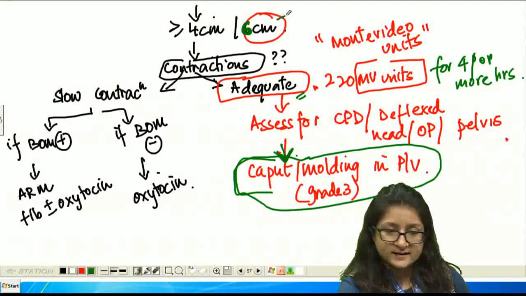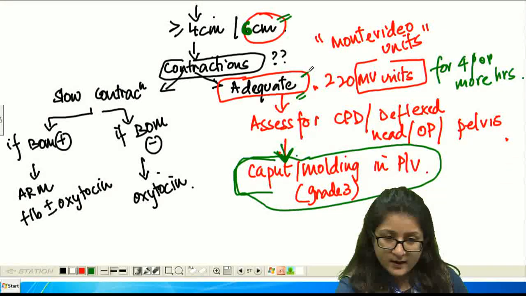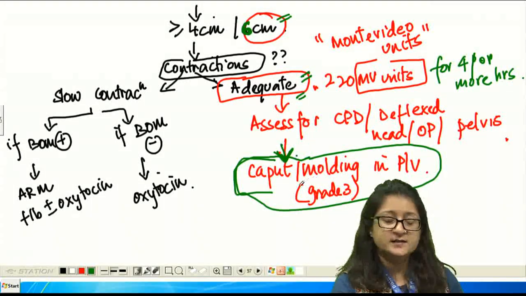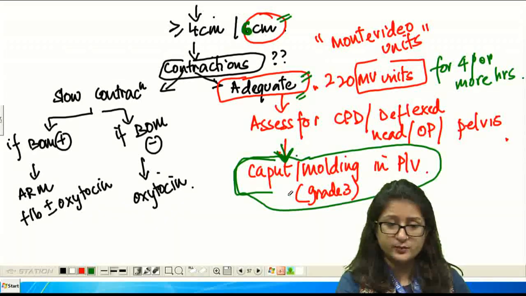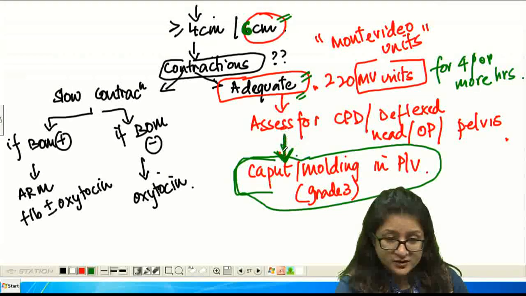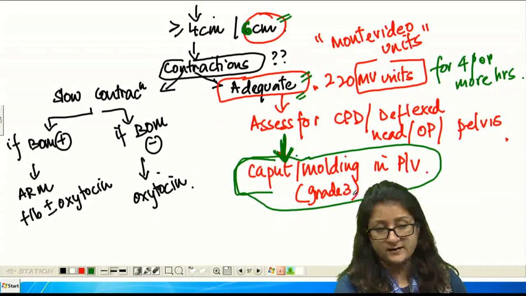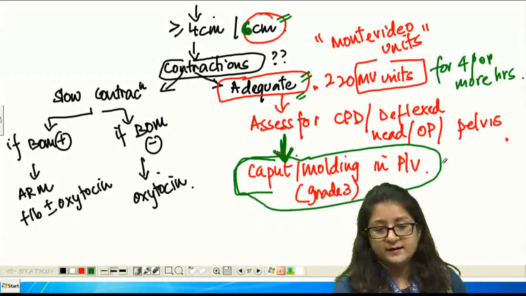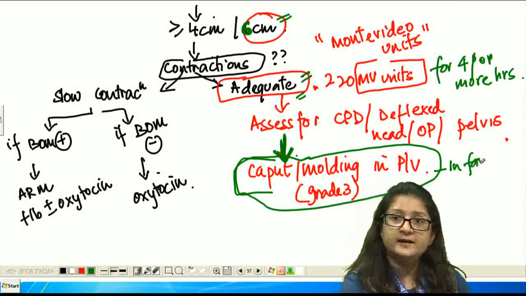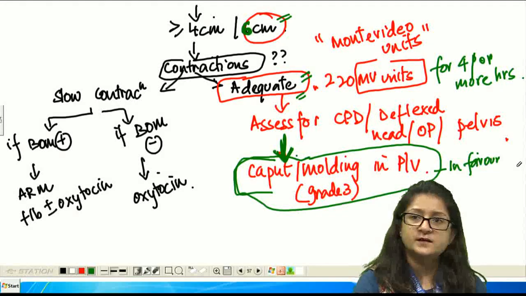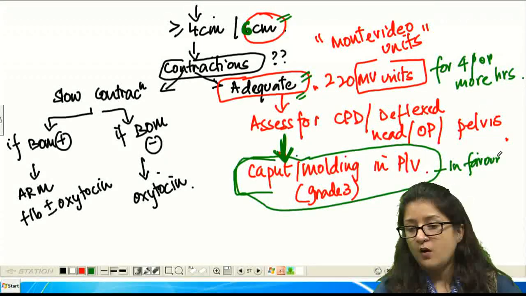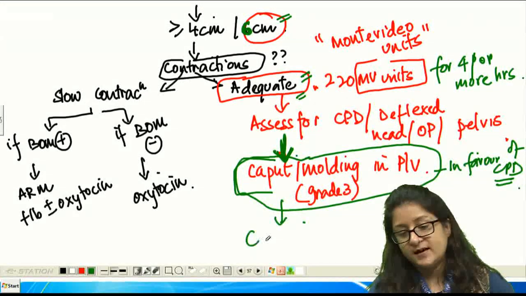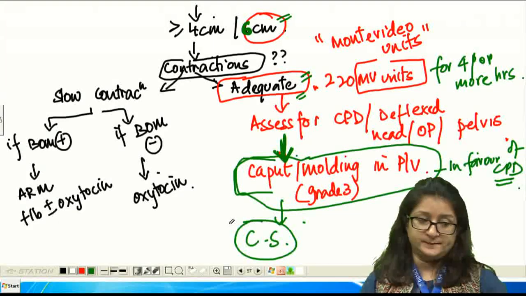A woman who had 6 centimeter dilatation, who after 4 or more hours of good contractions is still 6 centimeter dilated, has not progressed, and on PV examination has caput and molding or grade 3, this will go in favor of CPD, and arrest of dilatation. These findings will go in favor of cephalopelvic disproportion, and then in that case the answer would be cesarean section.